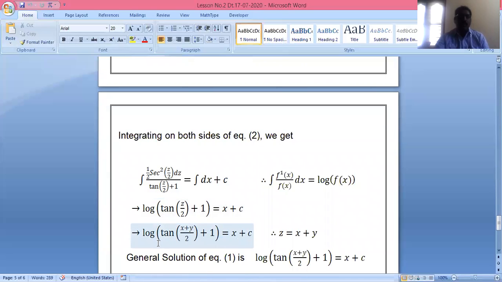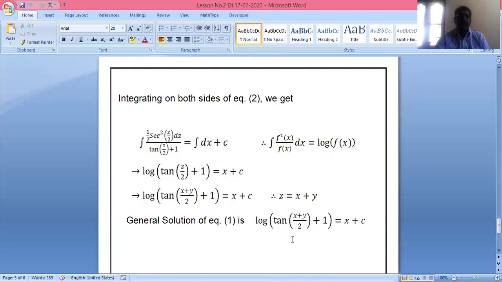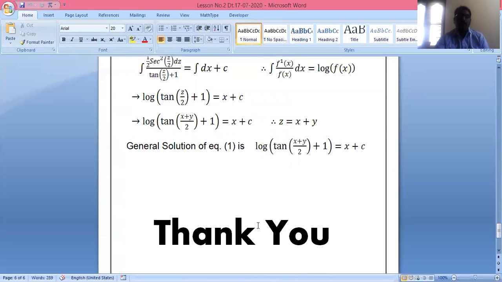That implies log(tan((x + y)/2) + 1) = x + c, since z = x + y. Therefore, the general solution of equation 1 is log(tan((x + y)/2) + 1) = x + c. Thank you.